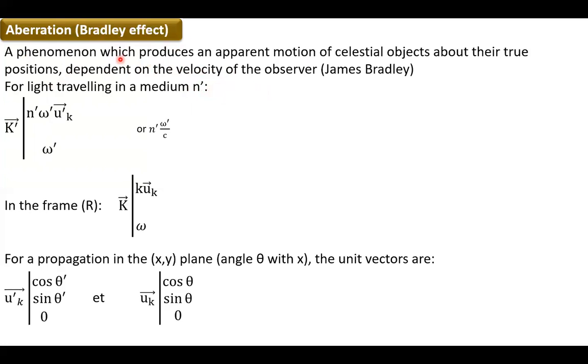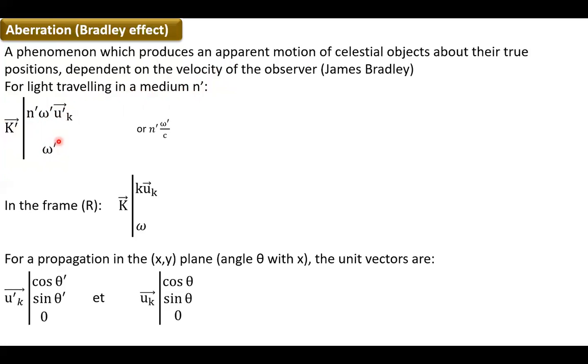the change of direction of propagation of light. So let us consider a ray of light or any electromagnetic wave traveling in a medium n prime. The mobile medium is n prime. You have a light traveling in this medium n prime. So the four-wave vector k prime is equal to n prime omega prime times the unit vector u prime of k, over c.